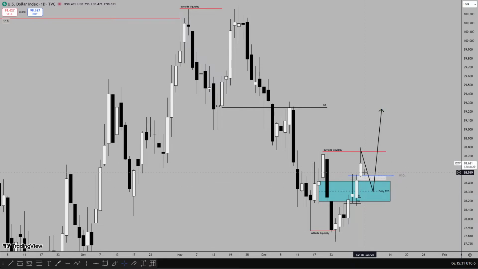Price can either use the new week opening gap as a support area to trade higher, or use the inversion fair value gap, or price will trade to form another fair value gap to use to run the buy side liquidity. The point is to pay attention to points of interest supporting the idea of price trading higher to the breakers block.